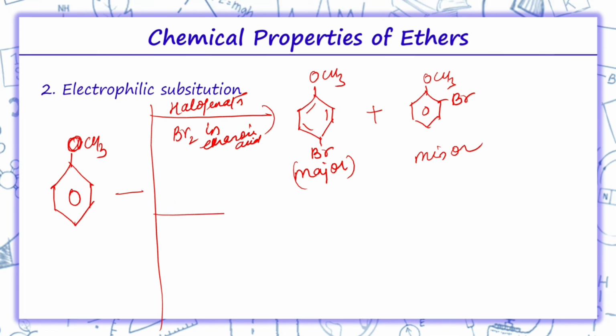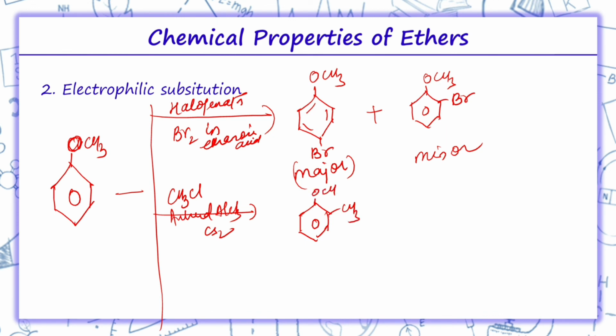Now the next reaction is the Friedel-Crafts reaction. If we take over here CH3Cl in presence of anhydrous AlCl3 and CS2, this is Friedel-Crafts alkylation, where the CH3 group will be attached to the ortho and para positions.